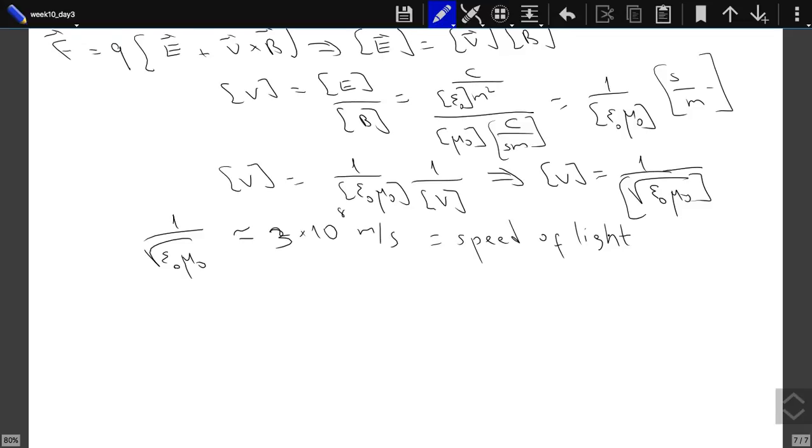But then we should be able to measure changes in the speed of light. As the Earth is moving in the ether, its speed in different directions will be different. So light propagating in one direction should have a different speed than light propagating in some other direction.